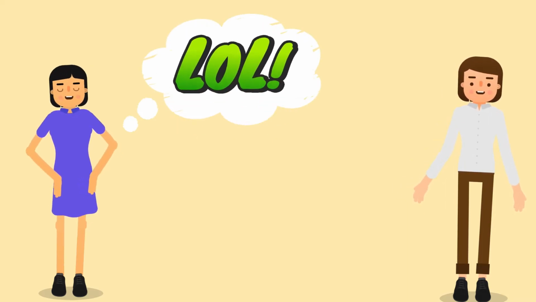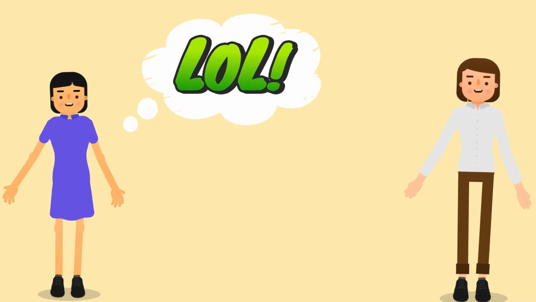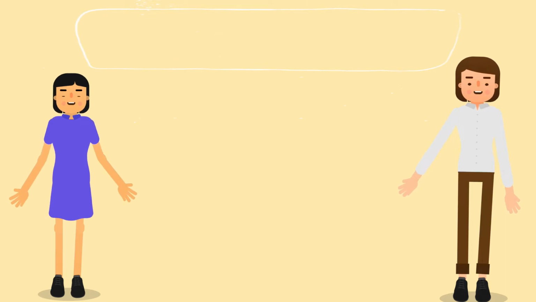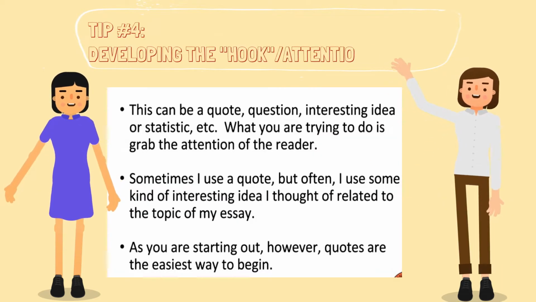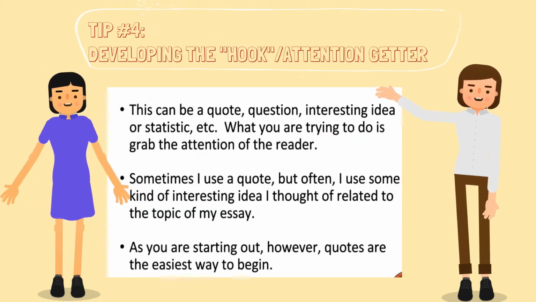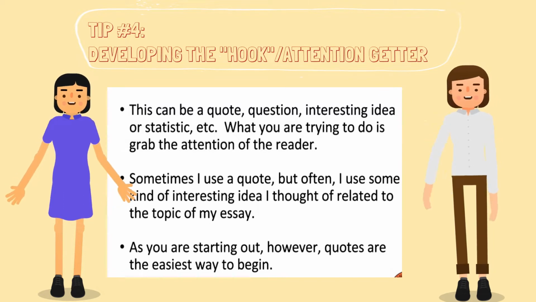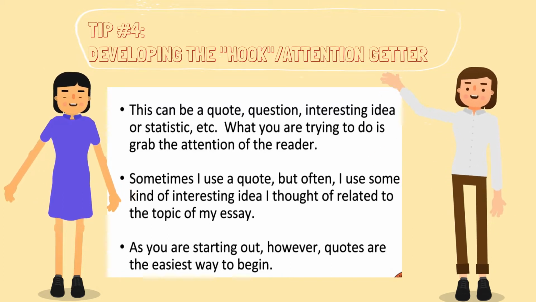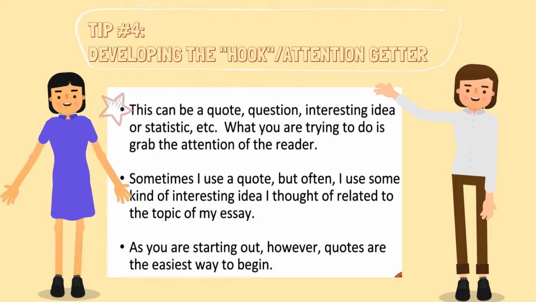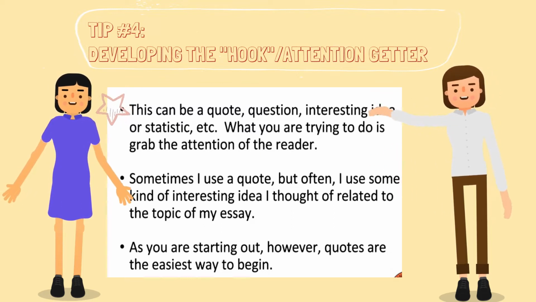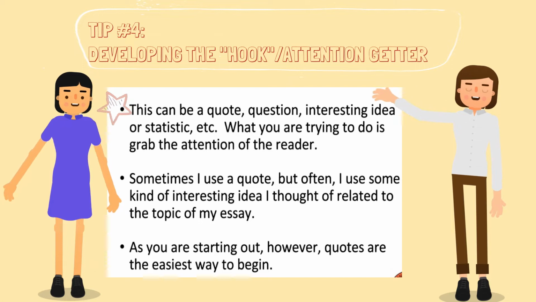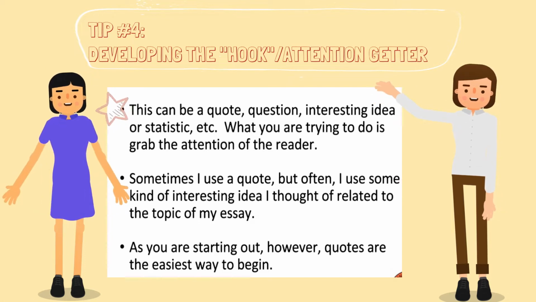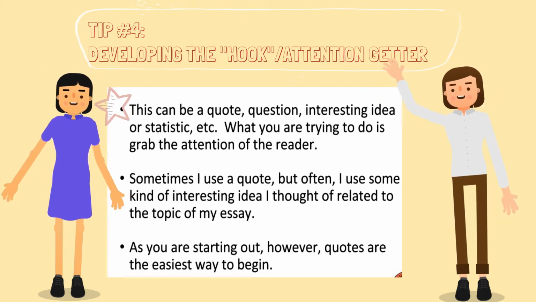You've got my attention. What else can you share about developing the hook or the attention getter? So to develop an attention getter or hook, the easiest thing to do is to find a really good quote that relates to the topic that you're writing about. If you don't want to use a quote, you can begin with a question or an interesting idea or statistic.